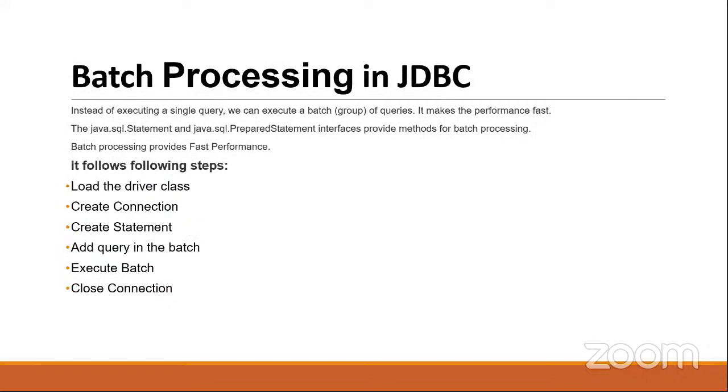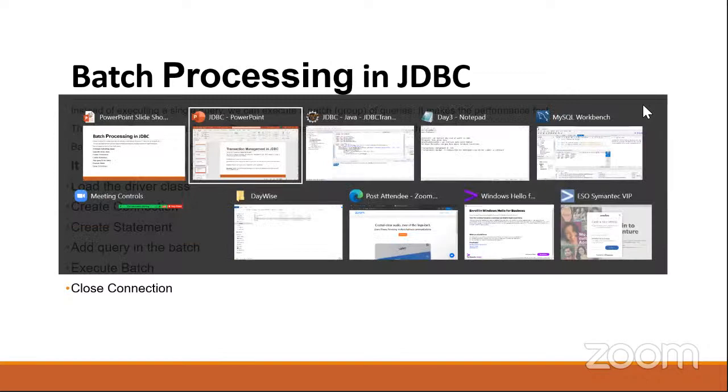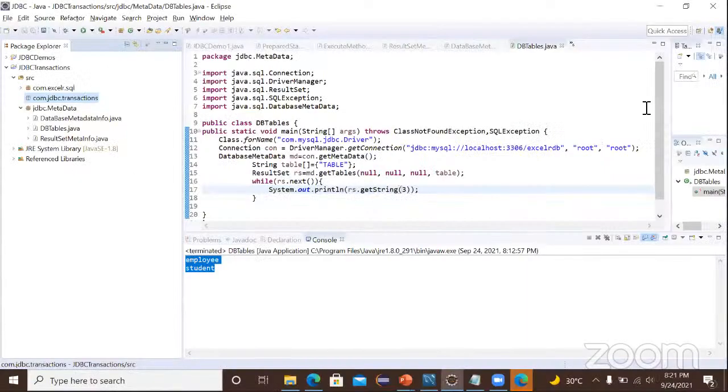Okay, so now let's move ahead. We'll see one simple example or scenario for this transaction management. Basically we can perform this transaction management with the statement interface, not result set.